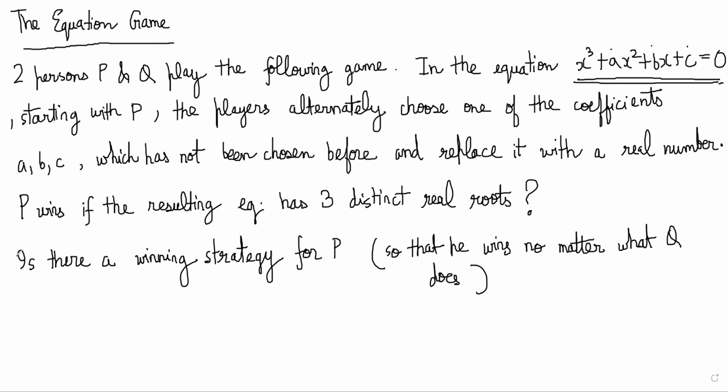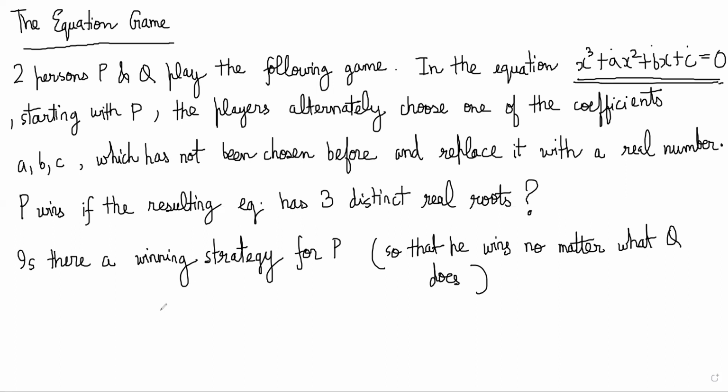So it might even be useful for JEE, if not for PRMO and stuff, right? So just pause the video and try to think about coming up with a winning strategy for P. Once I explain the solution, I think it will become super obvious. So please do take a moment and think about trying to construct a winning strategy for P.